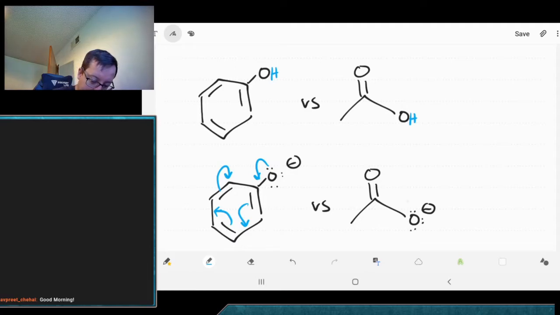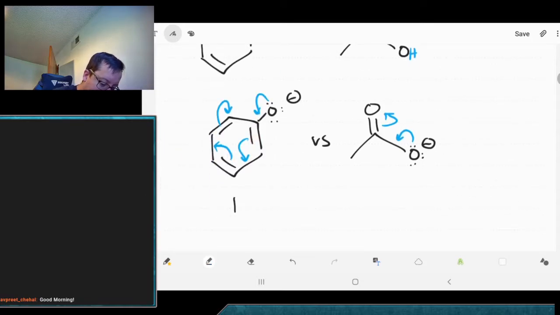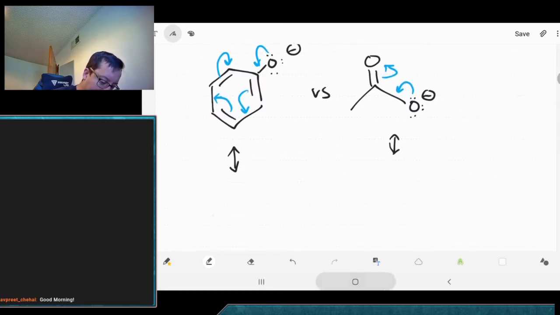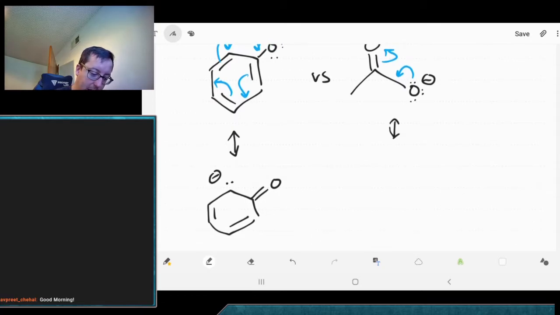But let's just compare. If we take a look at this one again, we can see what we get by resonating these. If we resonate the one on the left, we end up with a lone pair on that carbon, and the negative charge there.